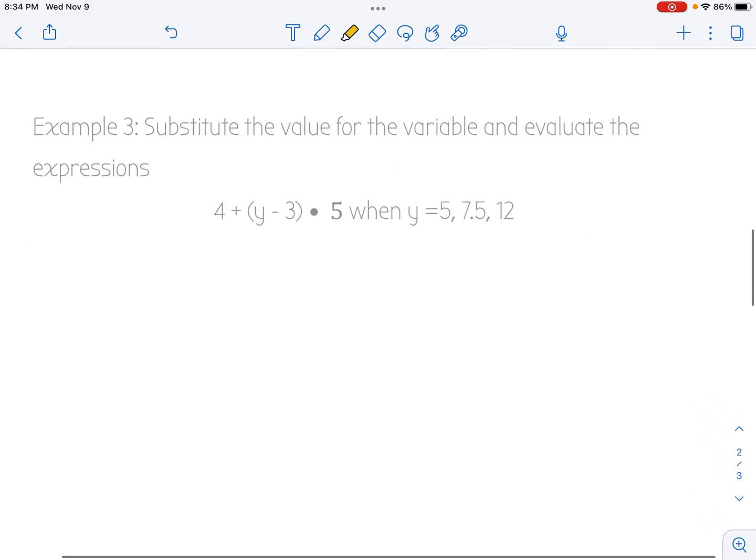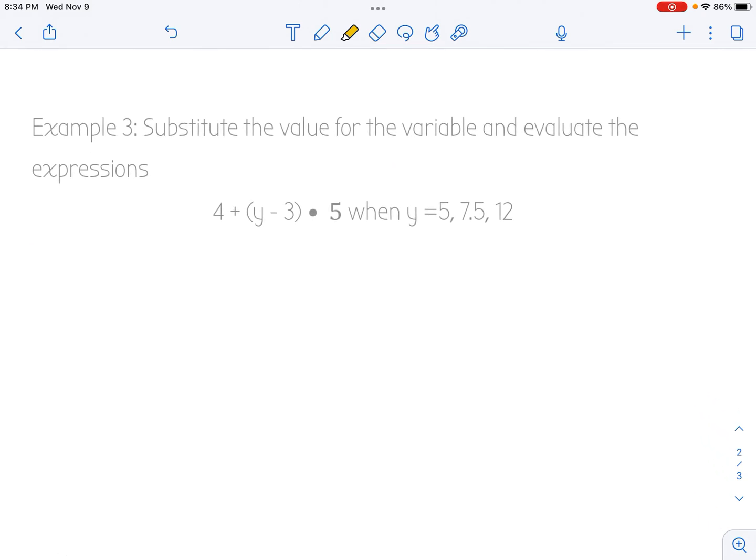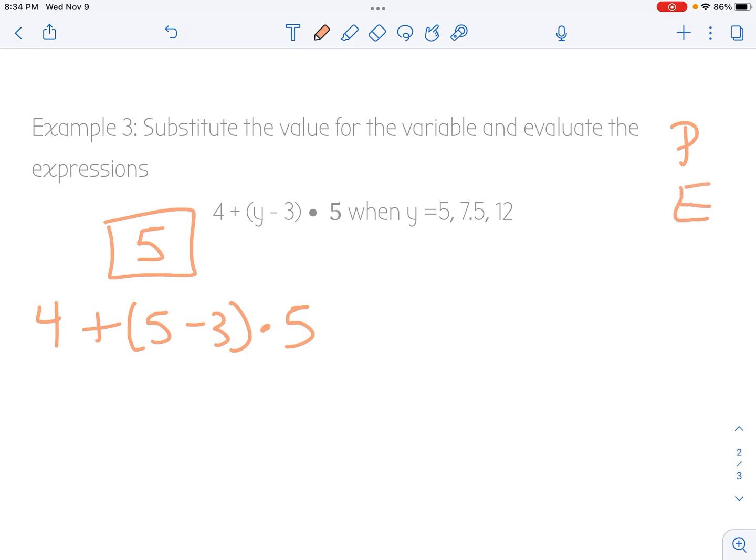Last one. 4 plus y minus 3 times 5 when y equals 5, 7.5, and 12. So we're going to substitute in all of these numbers individually to see what we get. So first, let's do our 5. Okay, so 4 plus, instead of y, I have 5 minus 3 times 5. Now, with PEMDAS, I want to do parentheses first.